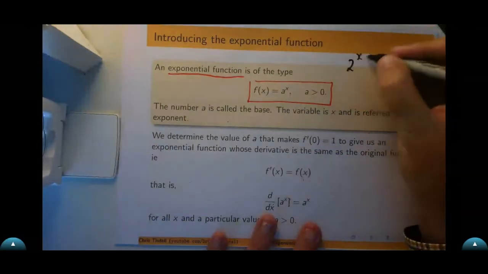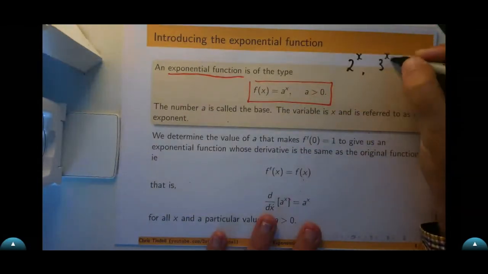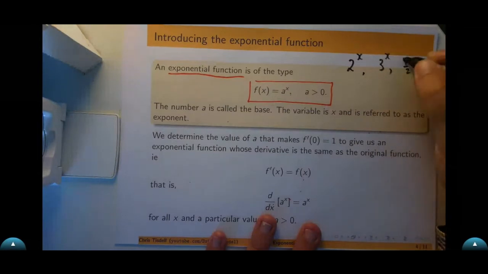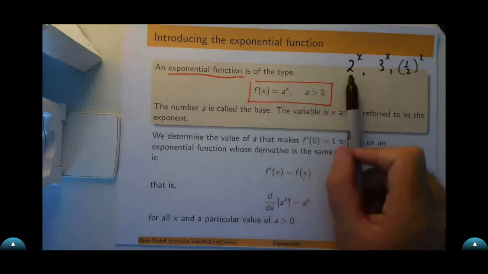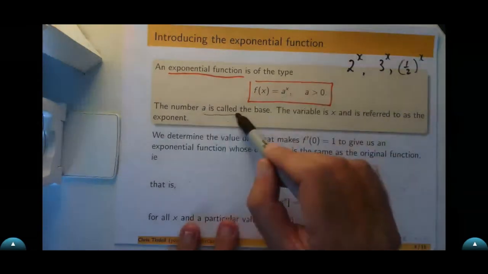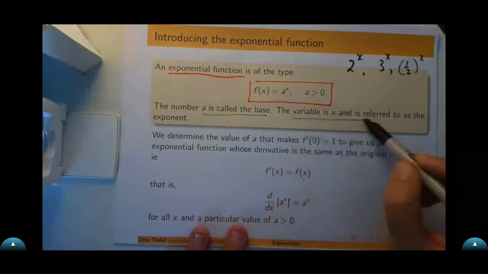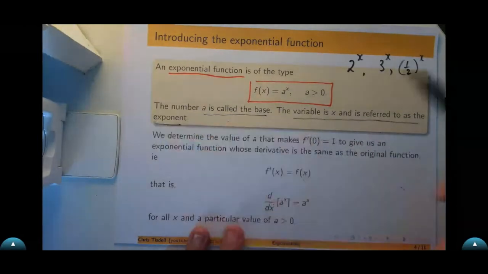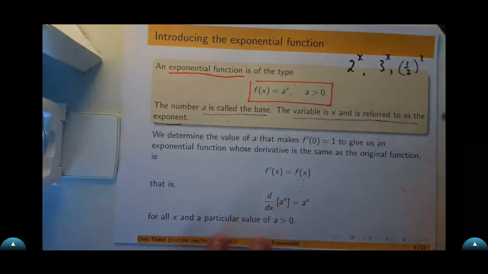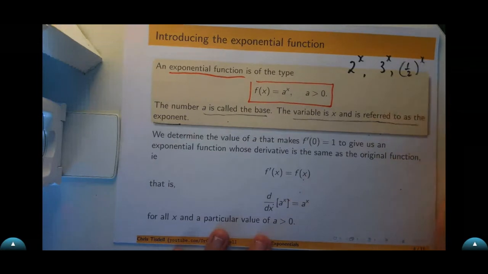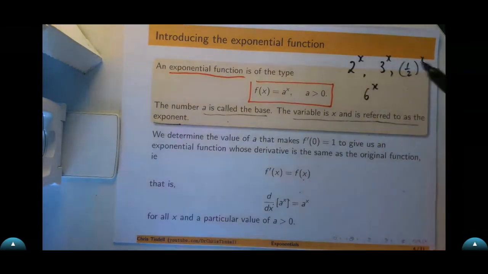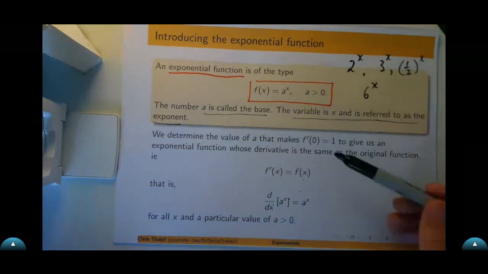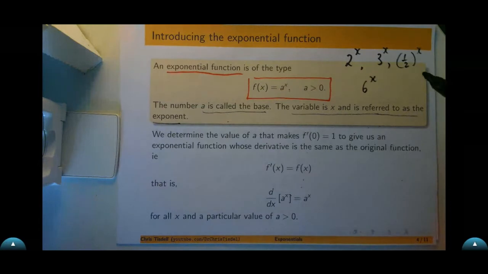So you might have 2 to the x, or 3 to the x, or 1/2 to the x. The a value is called the base, and the variable is called the exponent. You might have 6 to the power x or something like that. These are all examples of basic exponential functions.